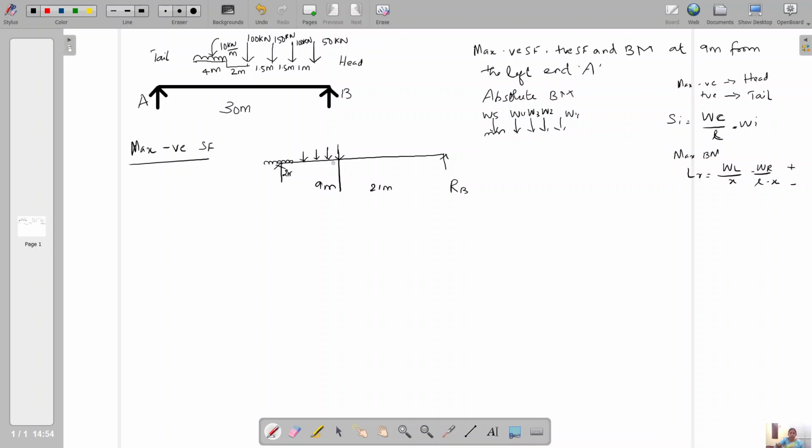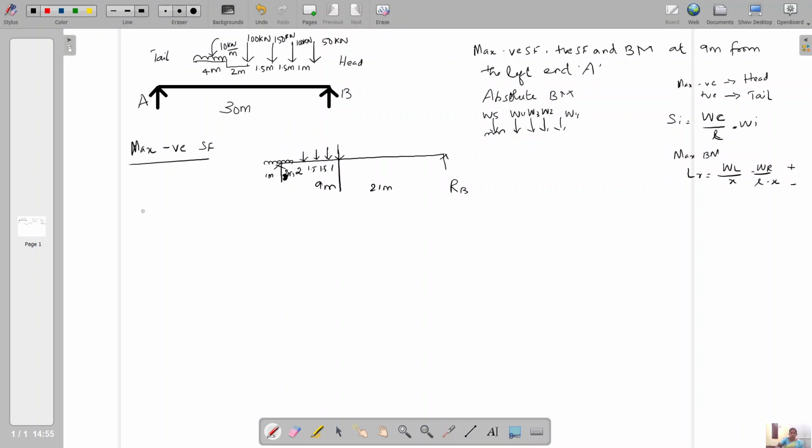This is 1, this is 1.5, this is 1.5, so totally 3, 4, here 2, 6 and 3 meter. Here at this edge it is 3 meter, 1 meter away from the support. So we place the load.